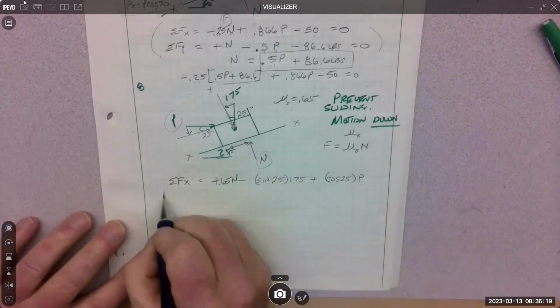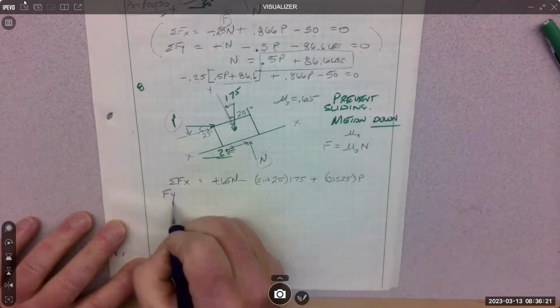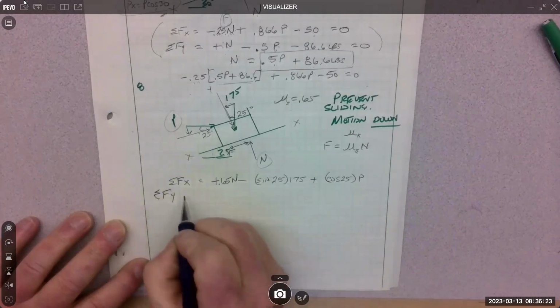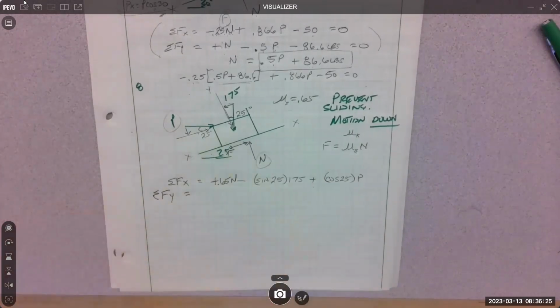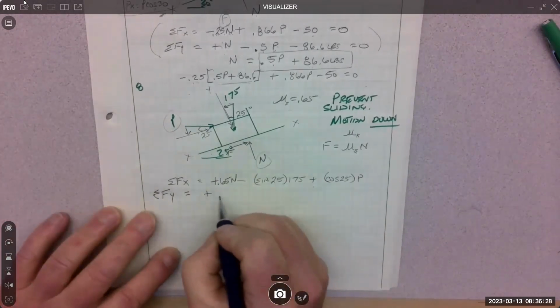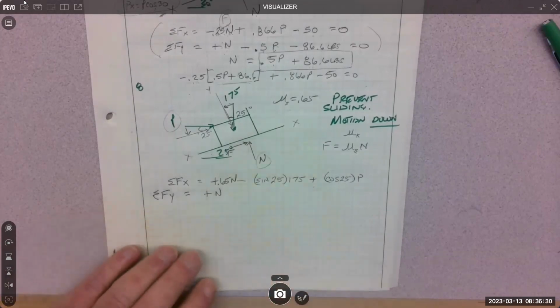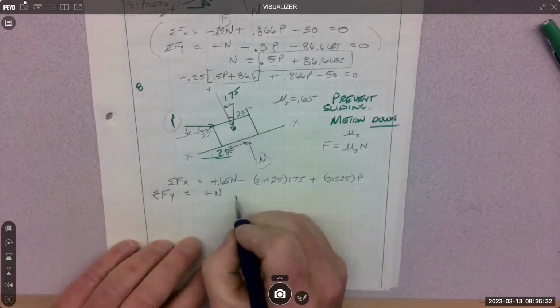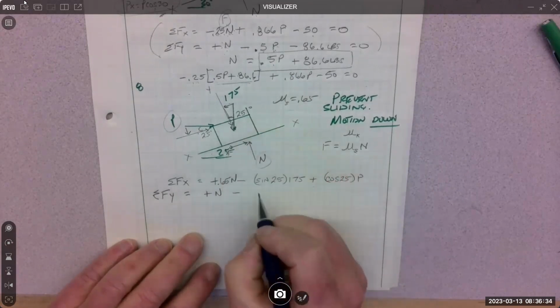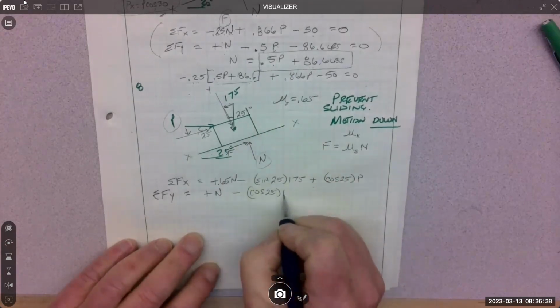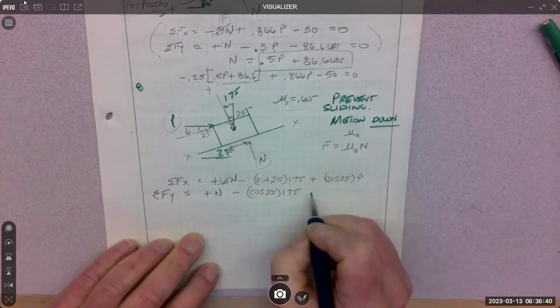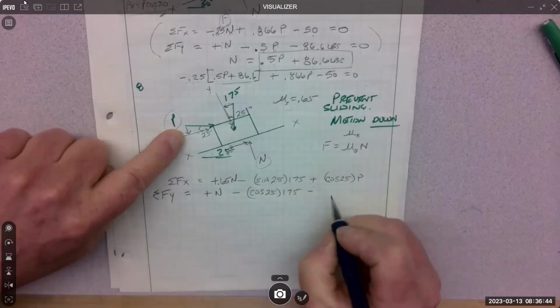So now I can go after the next equation. Sum of forces in the Y: plus N minus cosine 25 times 175, and then minus sine.